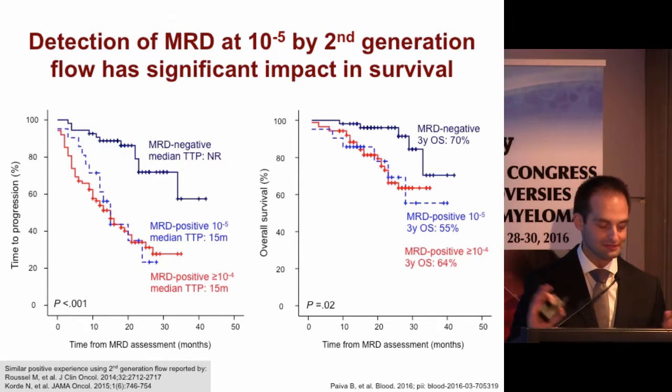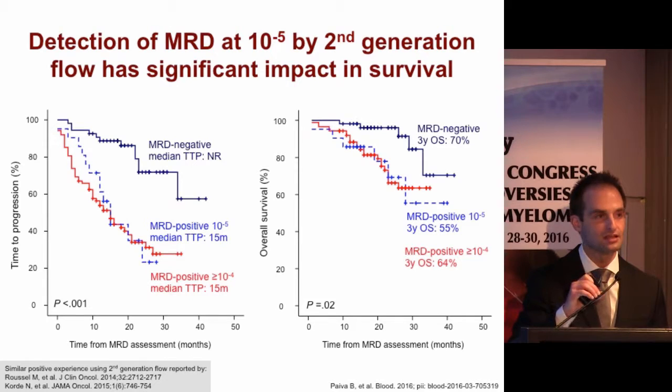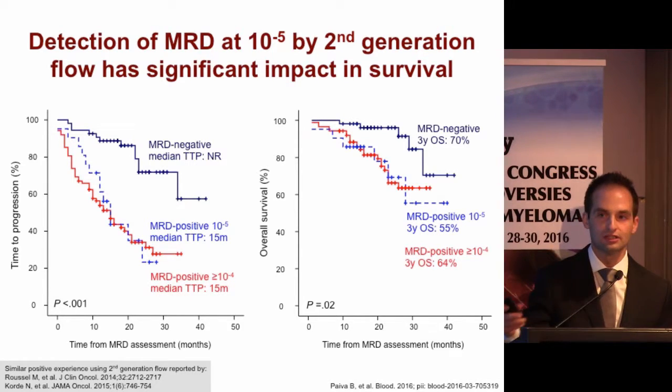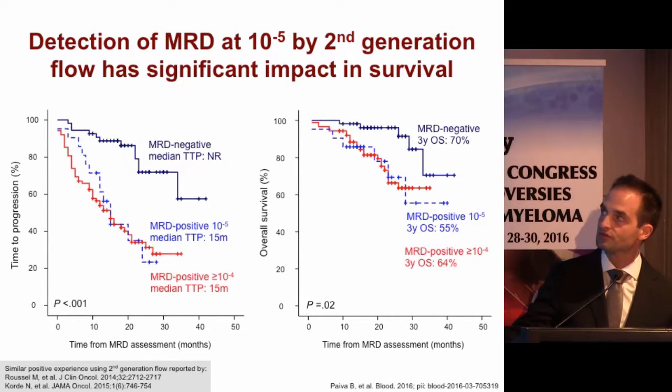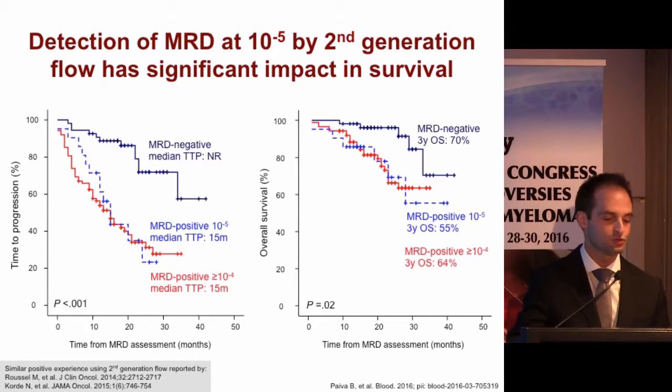I'll skip the details of the slide. I'll just mention that it was designed and developed to reach a limit of detection in the range of 2.5 per 10 to the minus 6.